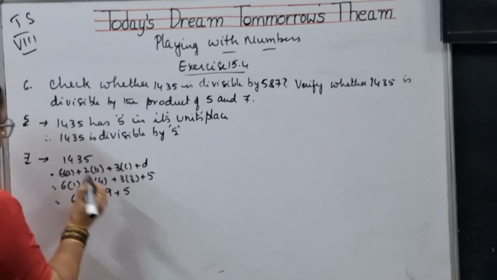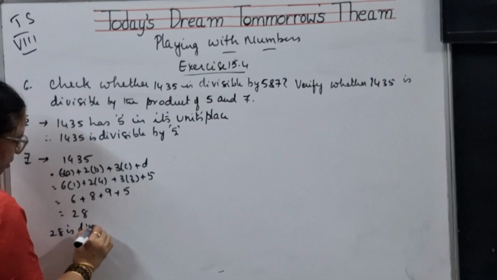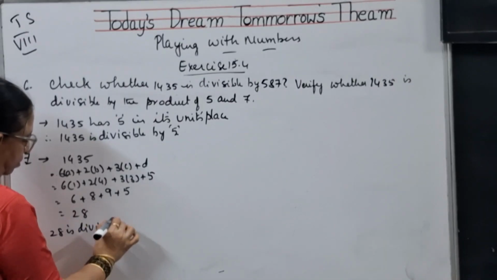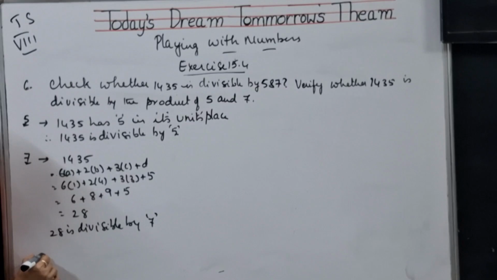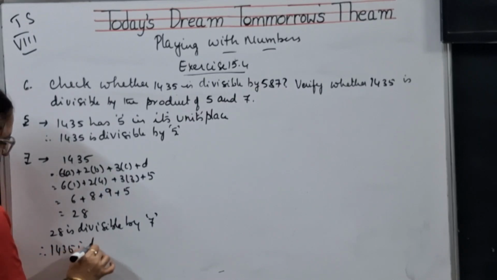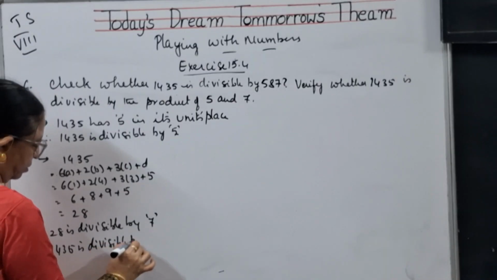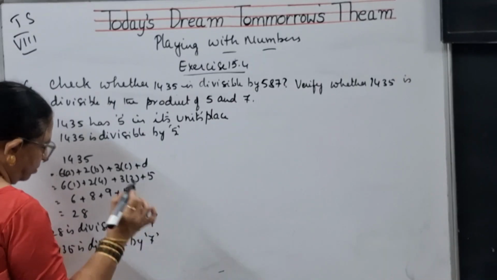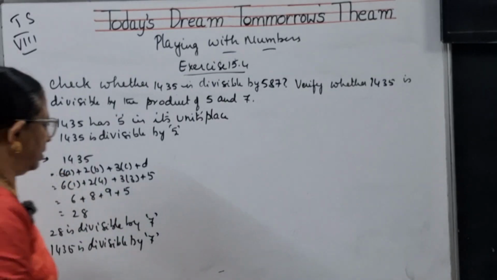This is 14, 23, 28. 28 is divisible by 7. Therefore, 1435 is divisible by 7. So we have proved that it is divisible by 5 and 7.